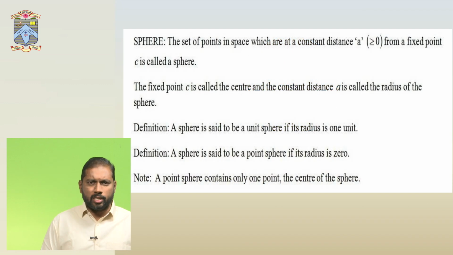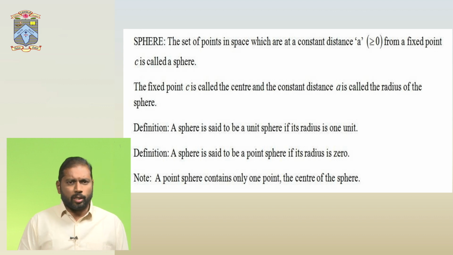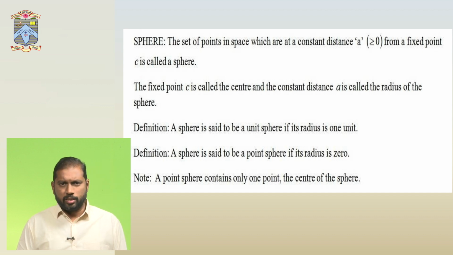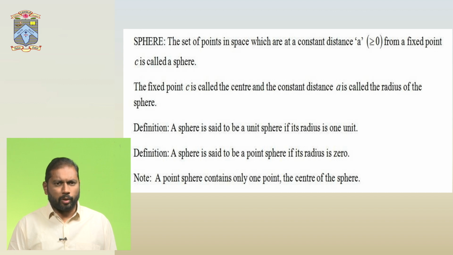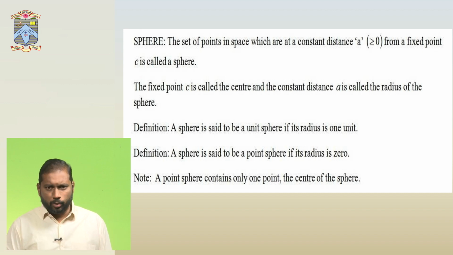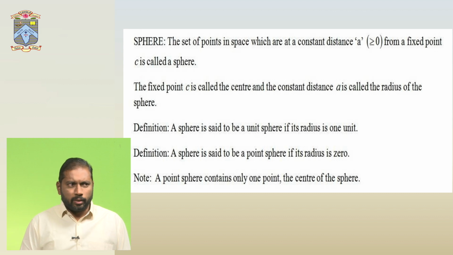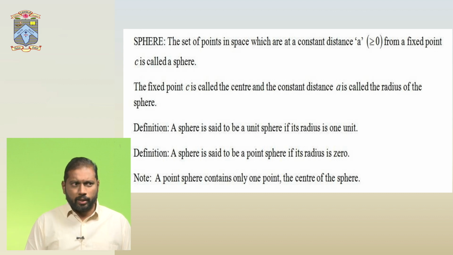The definition of the sphere: the set of points in a space which are at a constant distance from a fixed point is called a sphere. The fixed point is called the center and the constant distance is called the radius of the sphere.